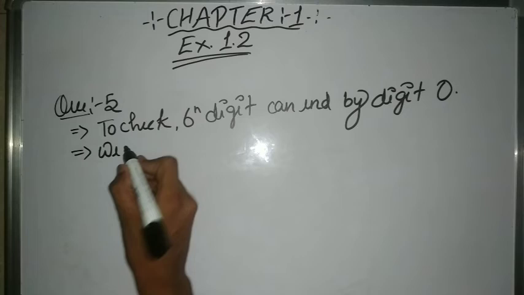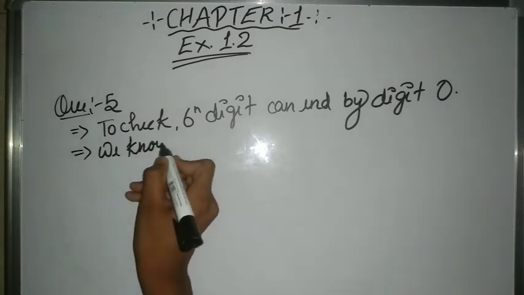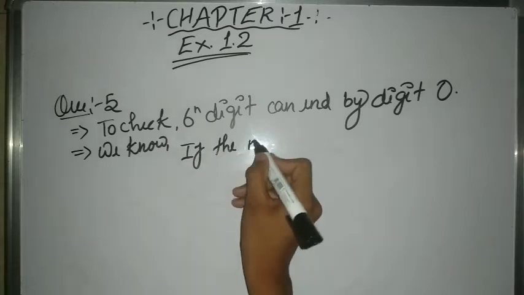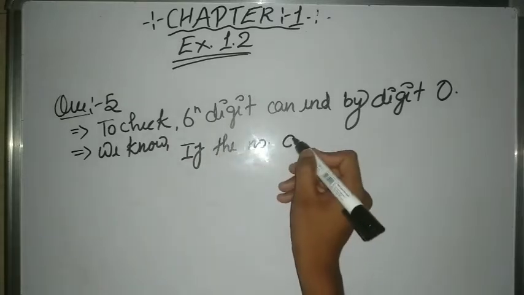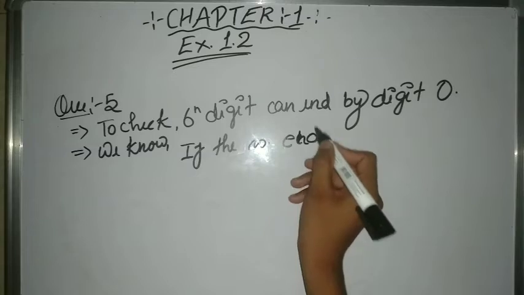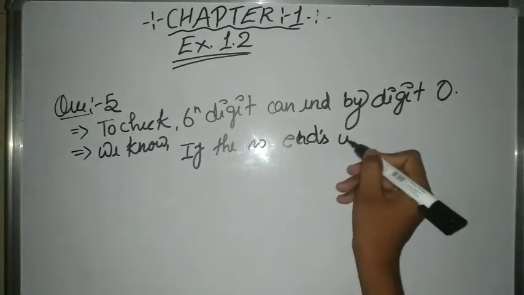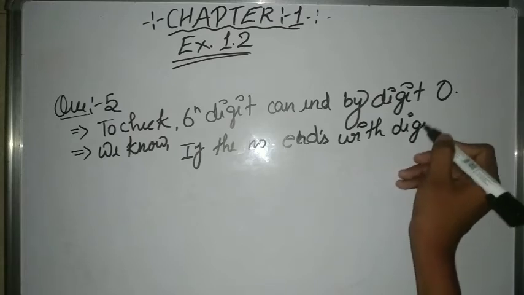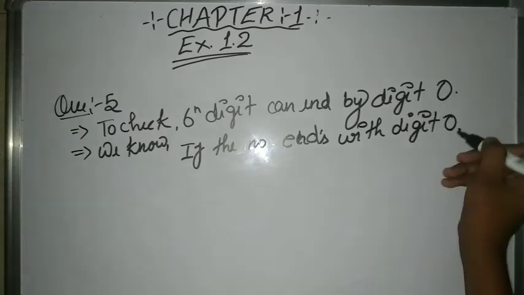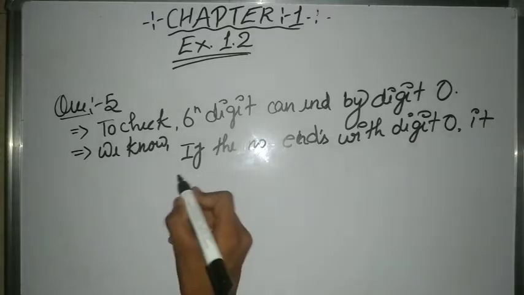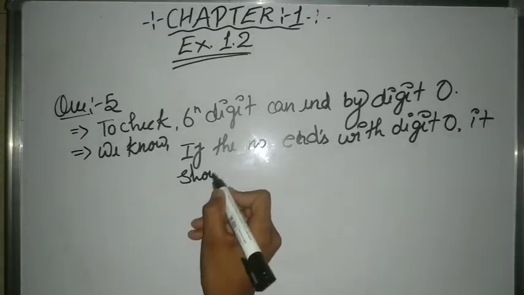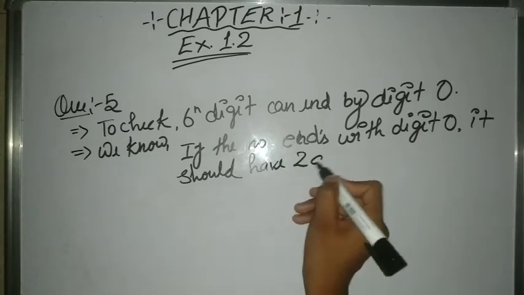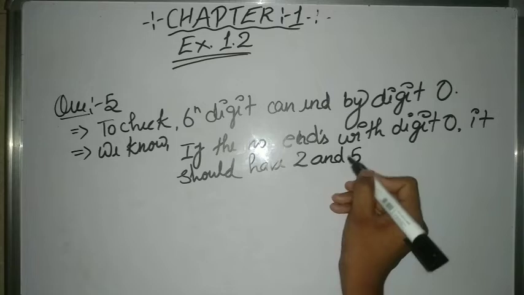We know if the number ends with digit 0, it should have 2 and 5 factors.